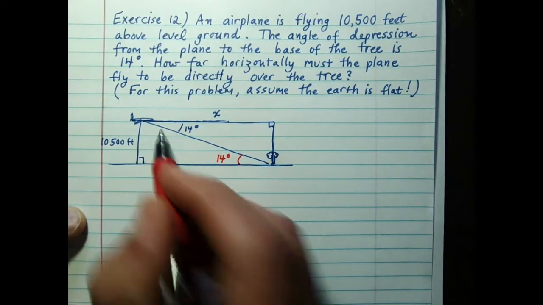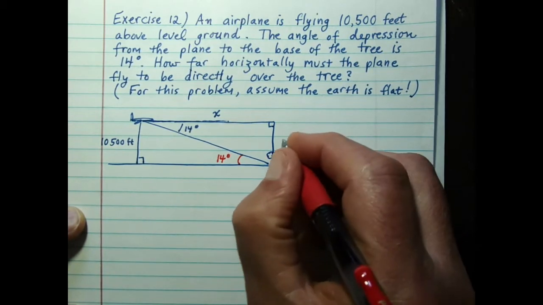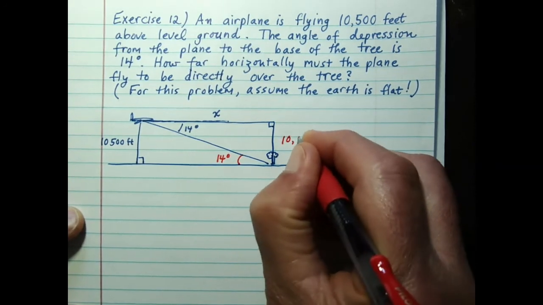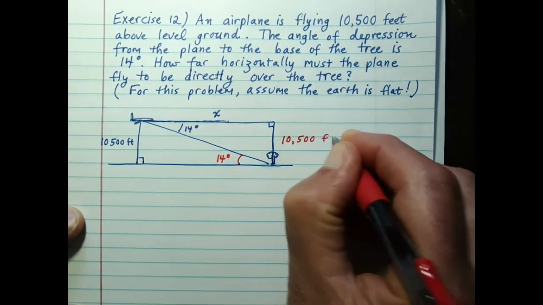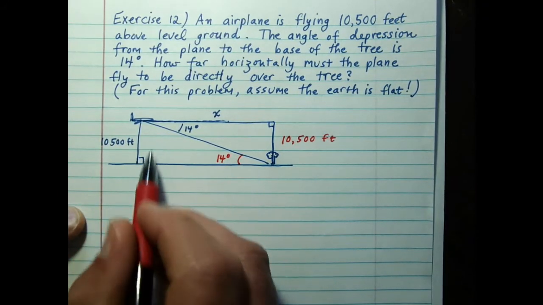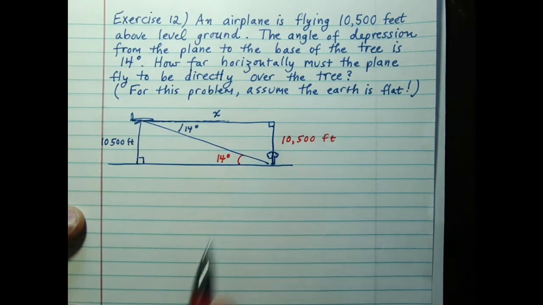It's not these two angles that match up, right? It's like alternate interior angles in geometry. This length here is also 10,500 feet, because we have a rectangle. You could also use this lower triangle because the distance along the ground would be the same as the distance up in the air.